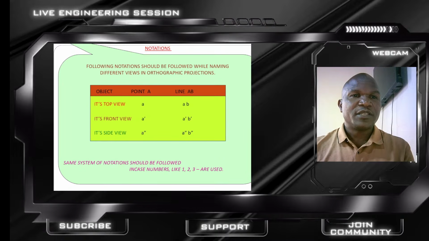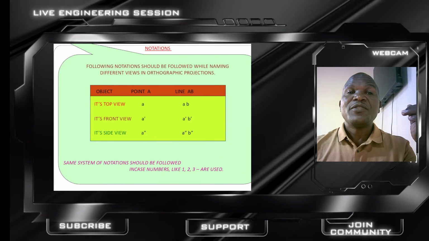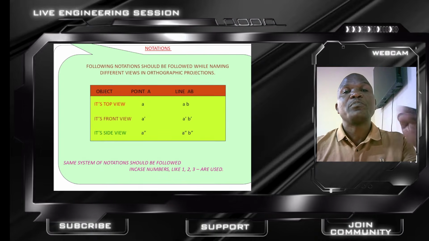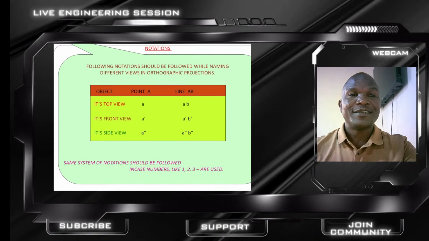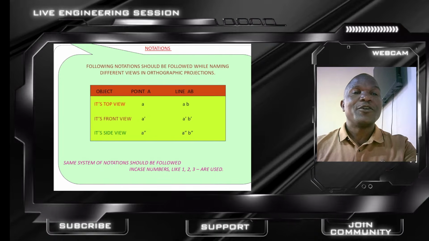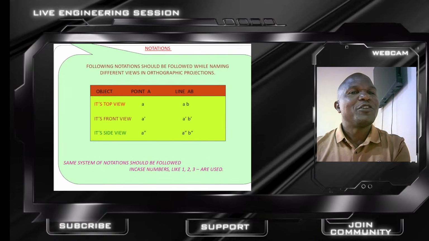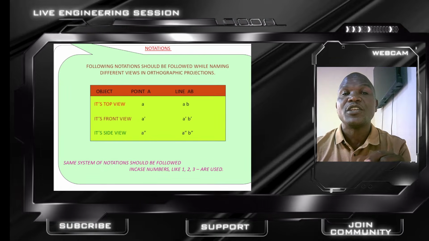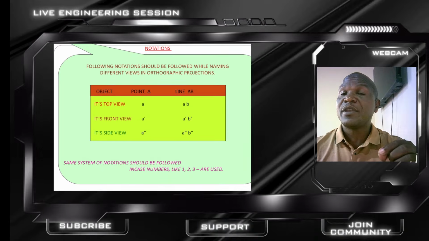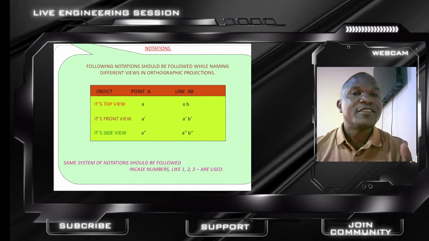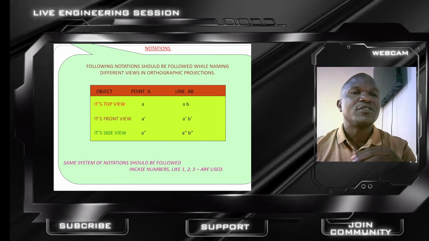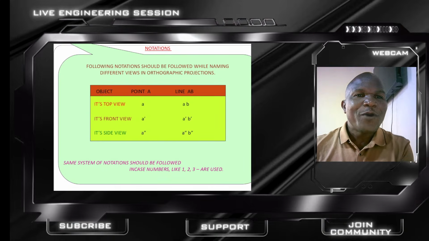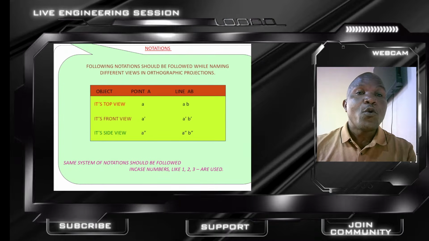The second thing is the observer. And very important, the observer always looks perpendicular to the reference plane. The third is the location of the object. Where is it positioned relative to the HP, horizontal plane, and VP, vertical plane? If you miss any of these, your drawing becomes ambiguous. So always think: one, what is it? Two, where is it? Three, who is observing it?